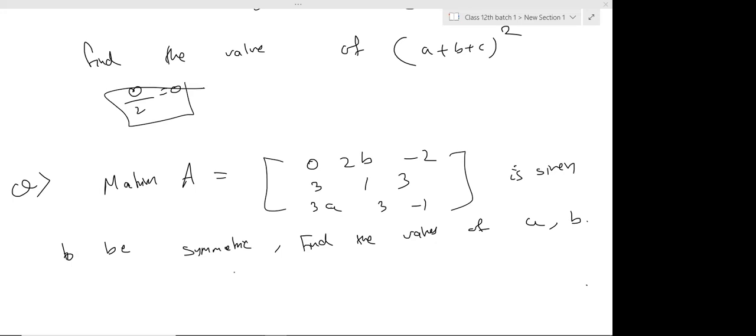For a symmetric matrix, A transpose is equal to A.